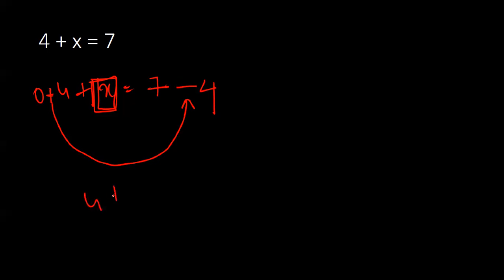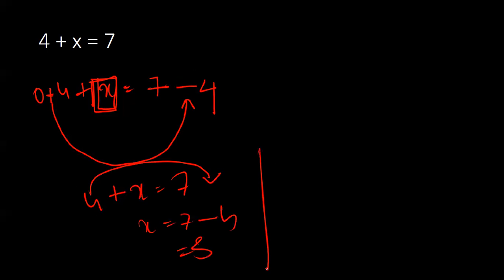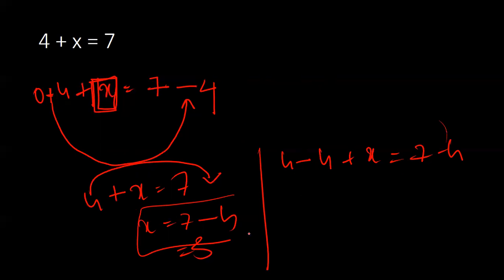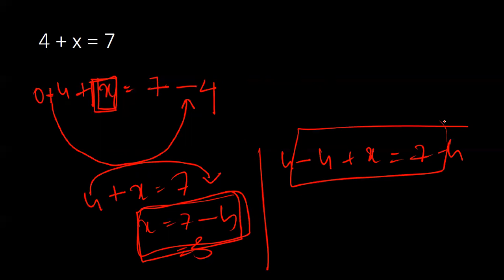So 4 plus x equal to 7, I will transpose it with an opposite sign. So x equal to 7 minus 4, which is equal to 3. In the other one, what we did was 4 minus 4 plus x equal to 7 minus 4. What I did is the same, but I've done it on both sides. So I can directly just change the sign, because when I change the sign, the additive inverse, I get 0. So that's all you have to do.